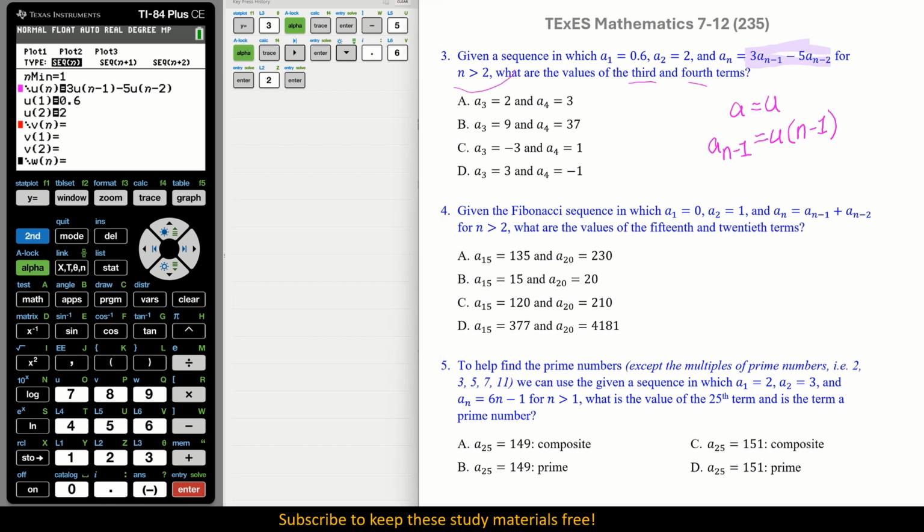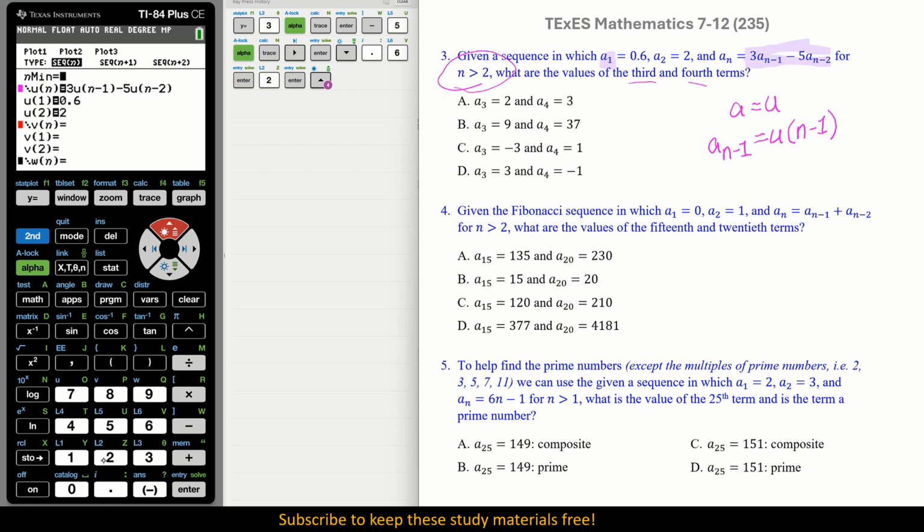Now, word of warning. See right here where the n is greater than 2? That may tempt you, because of what I showed you before, to change that minimum. Don't do that, and I'll tell you why. Because we used that n equals 1. Let me show you what happens if I change it.